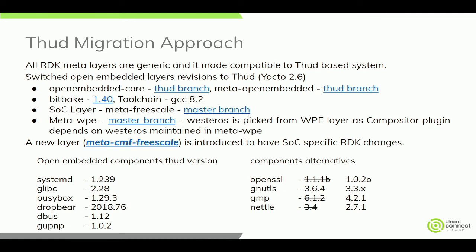From the Thud version, we have switched the latest versions to the open embedded components. So these are all the open embedded components from the Thud version on RDK porting. Some of the components need to be fixed to a particular version that is compatible, meaning dependent, with RDK.